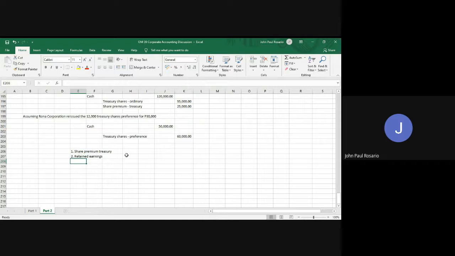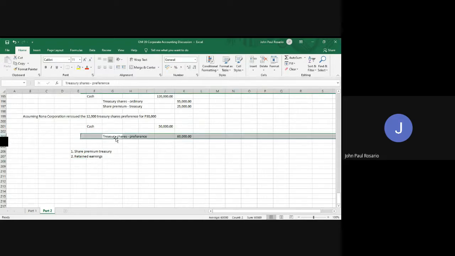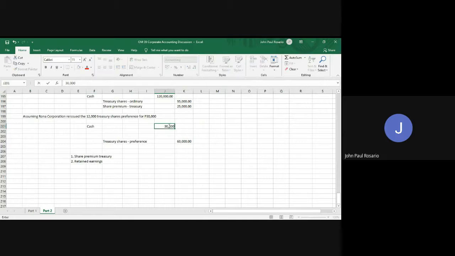As you can see here guys, the cash received is only 30,000, but the cost of our treasury is 60,000. Right? So first, you debit the share premium treasury.